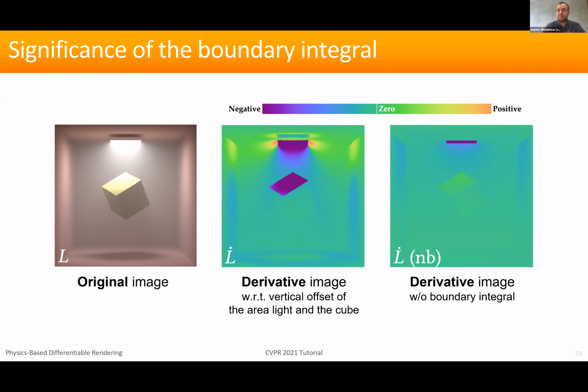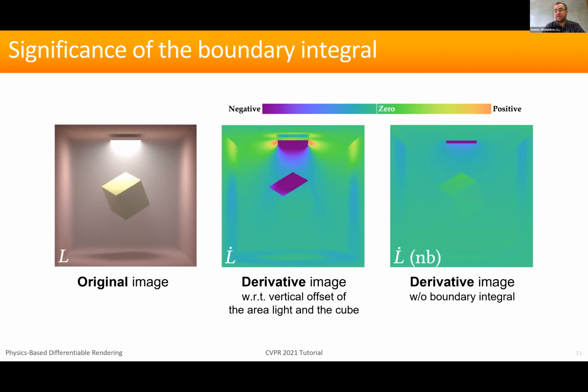If we ignore the boundary integral, we end up with a derivative image that is effectively zero everywhere. What this means is that if we compute derivatives where we are not correctly accounting for these tricky discontinuity terms, we can end up with gradients that are not only wrong, but may be completely uninformative.